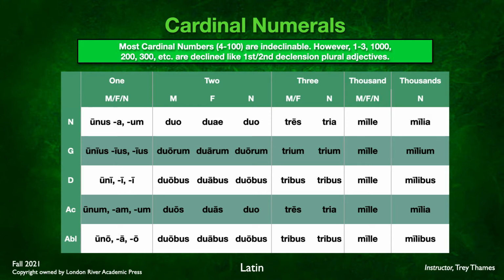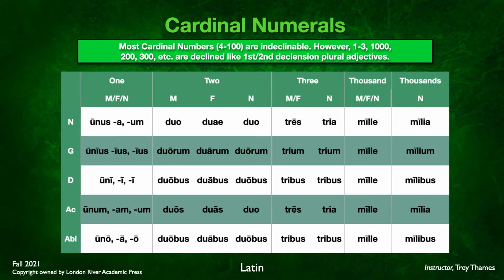The numbers 1, 2, 3, and 1,000 are numbers that will be declined. And then any number that is basically a multiple of 100, not starting with 100, that one does not count, but 200, 300, 400, etc. Those all will decline. And most of these here will decline like first and second declension adjectives. There will be some variation here, and so let's look at these.